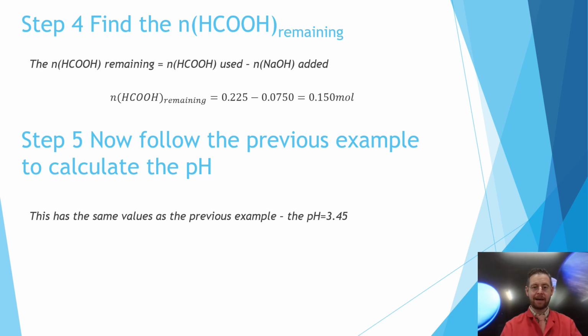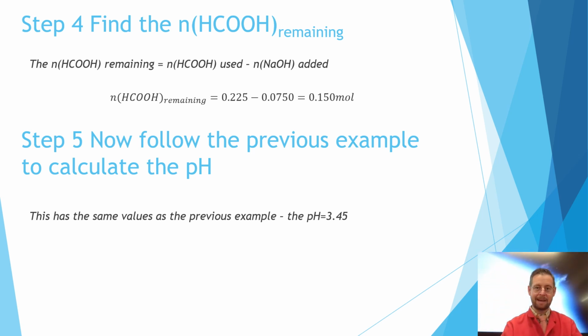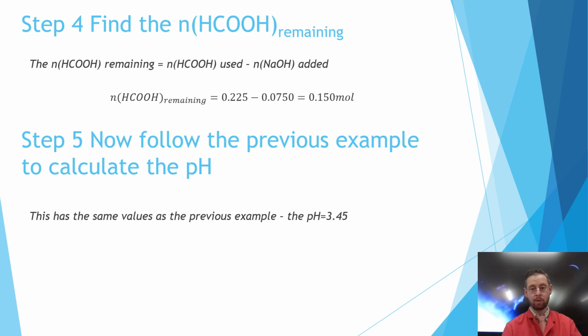Now, we know how much we had to start with. It was 0.225, but we have lost 0.075 because of that reaction. Some of it has turned into sodium ethanoate. It means that the actual amount of acid in our buffer is the original amount take away how much was used for the production of the conjugate base. It means that we've only got in the end 0.15 moles of the acid remaining.